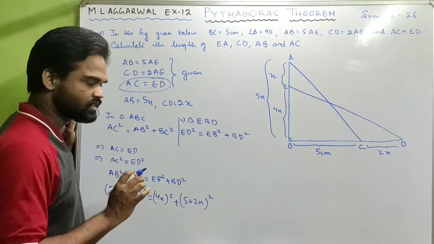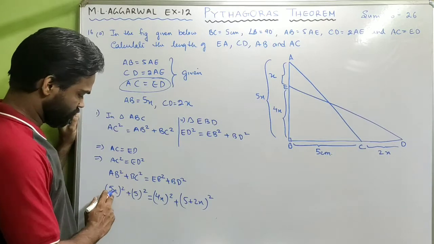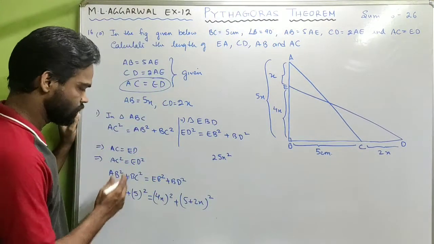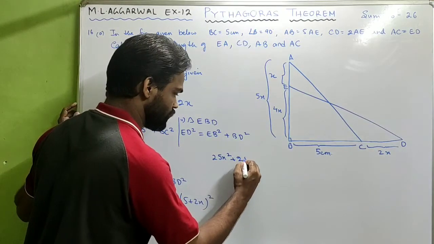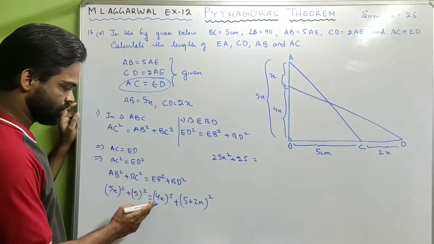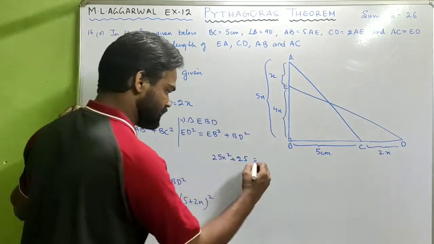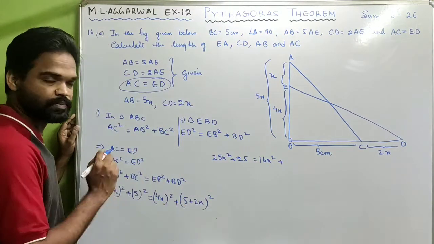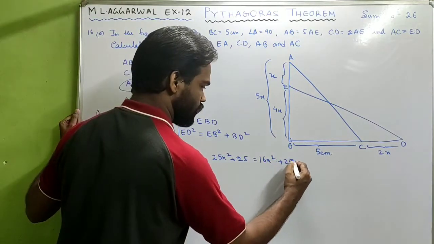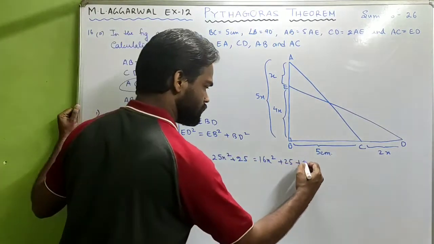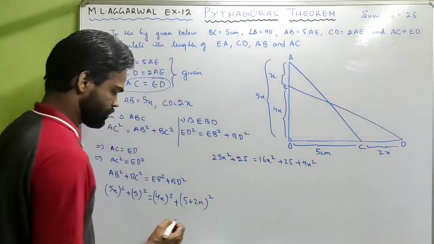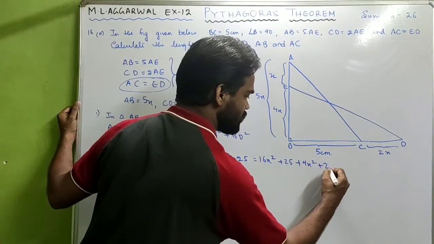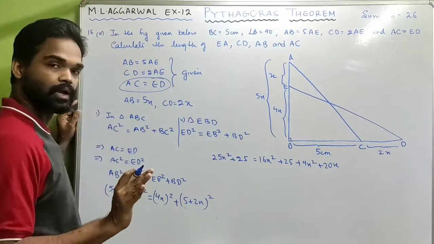Now we need to solve this equation. 5x whole square is 25x square plus 25 is equal to 16x square plus, this is (a plus b) whole square, that's a square plus b square plus twice ab, which means 5 twos are 10, 20x. Am I clear?